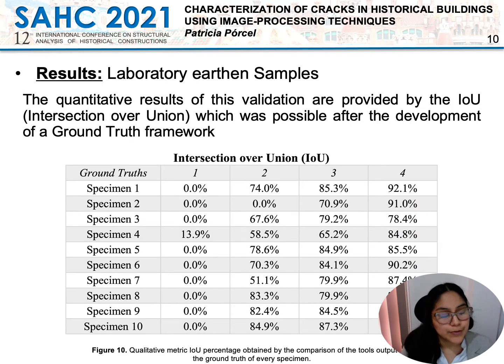The quantitative results of this validation were provided by the IOU, which is the intersection over union, which was possible after the development of a ground truth framework. This was developed using 4 frames of the whole monitoring process of each of these specimens. So the first frame corresponds to the start point where there should not be any cracks.